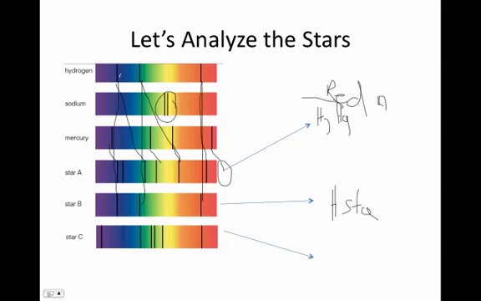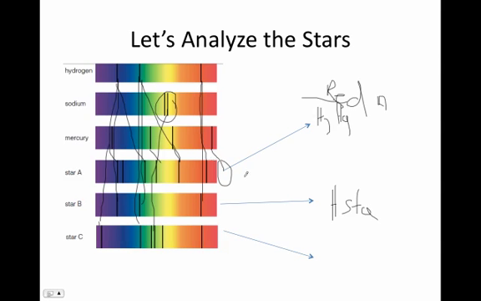How about star C? Maybe hydrogen. There's that one. There's that one. There's that double for sodium. So sodium, for sure, just a little blue shifted. How about mercury? Maybe the mercury.